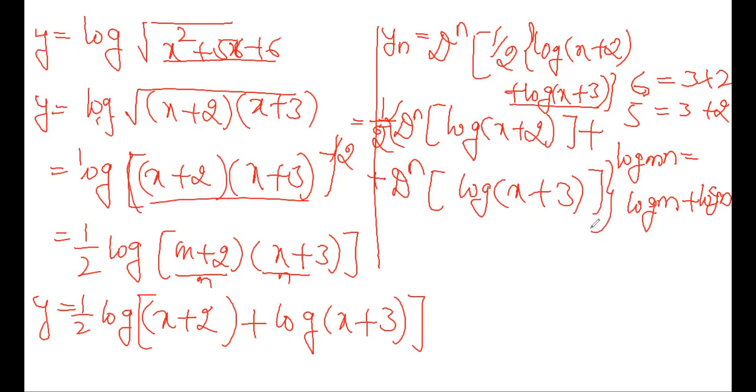Last class I discussed the formula for the nth derivative of log of ax plus b: minus 1 to the power of n minus 1 into n minus 1 factorial into a to the power of n divided by ax plus b to the power of n. This is the formula.